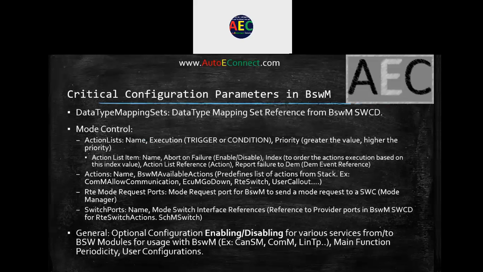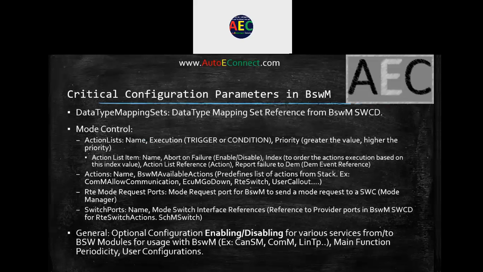Like we have seen the list of the services that are provided by different BSW modules, all those services which are enabled for your project. What do I mean by enabled? Enabled means in the general configuration of your BswM, you will have the option to enable or disable the BswM and the respective BSW module related interactions.